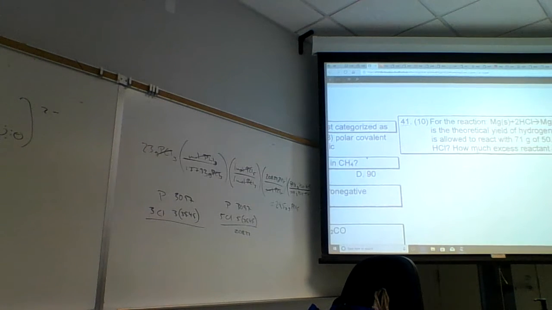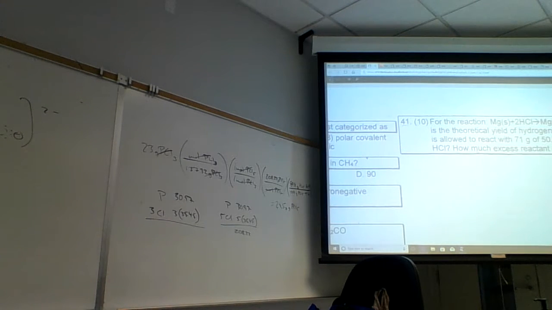For number 41. And so how many people got 41? What do you get as your limiting reagent? I mean, the limiting reagent would be either magnesium or the hydrochloric acid.